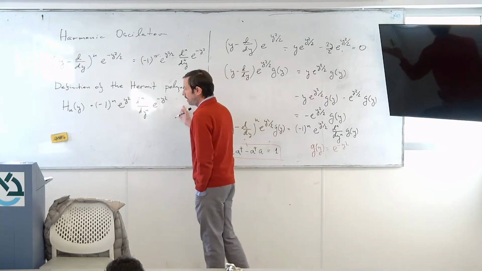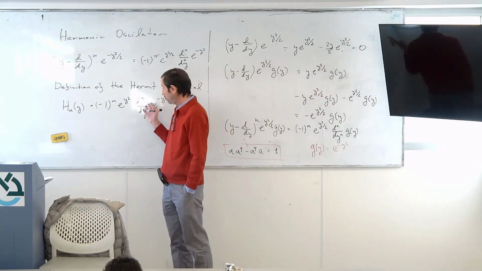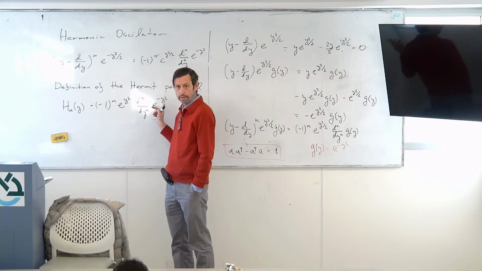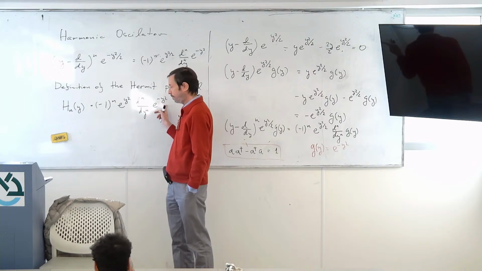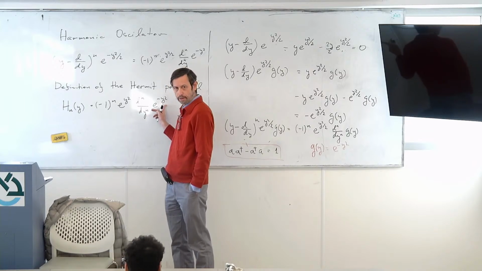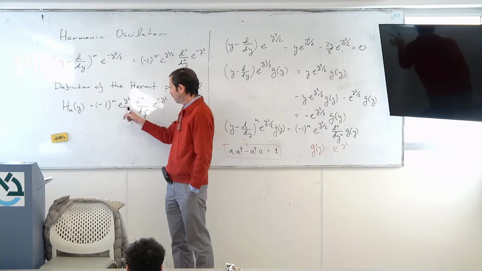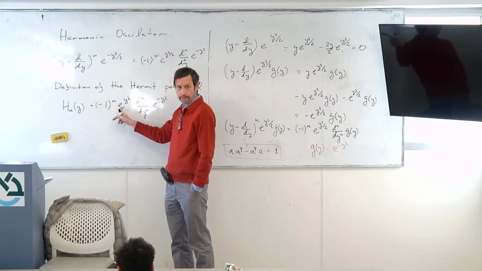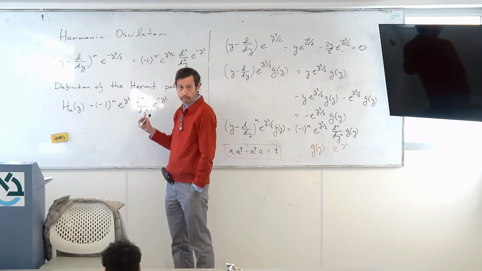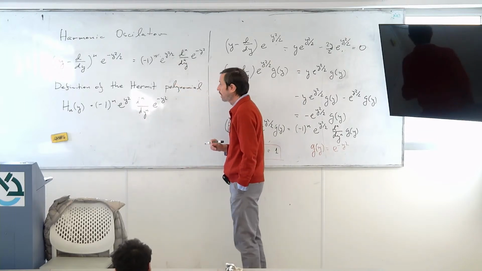Why is this a polynomial? Very clear. The derivative will pull down only powers of y to the n, and will leave e to the minus y squared intact. Multiplying by this will give me 1. I'll have only a polynomial here.